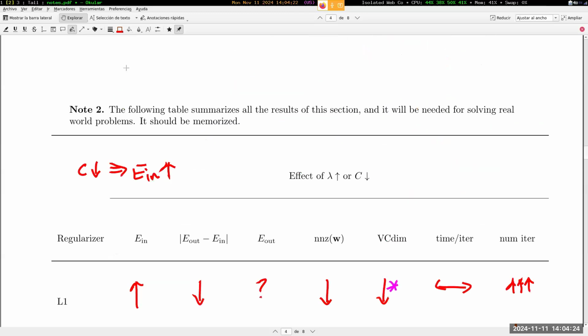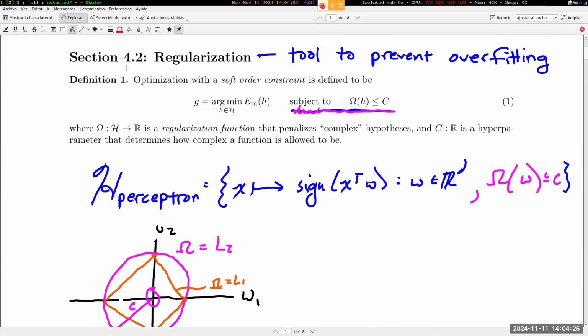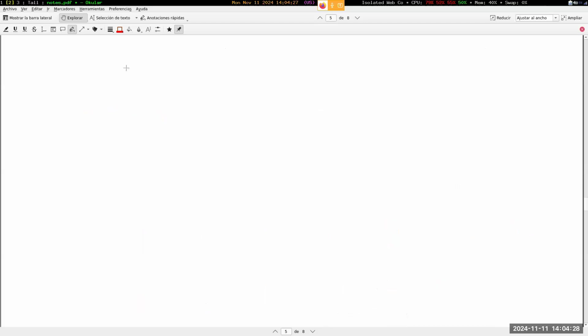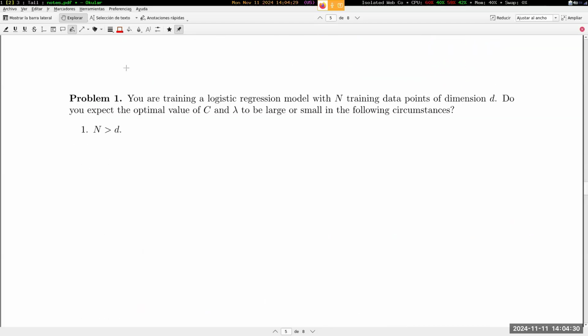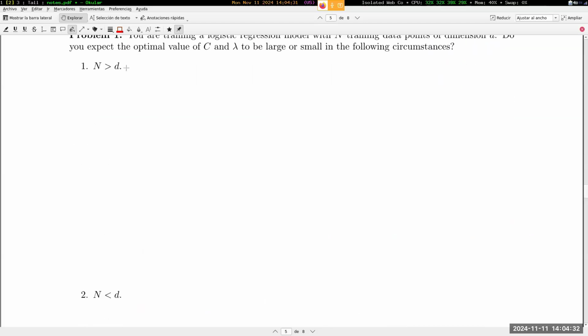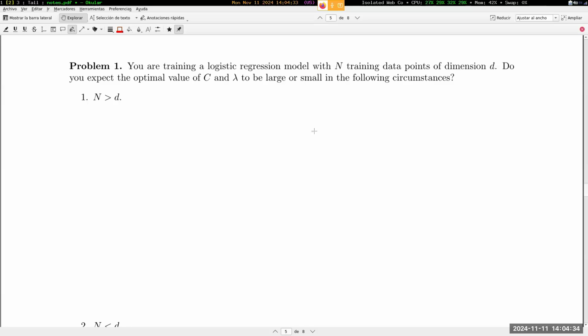The information up here is more background to get you comfortable with understanding why the problems down here are the way they are. Problem one: you're training a logistic regression model with N training data points of dimension D, and you expect the optimal value of C and lambda to be large or small in the following circumstances.